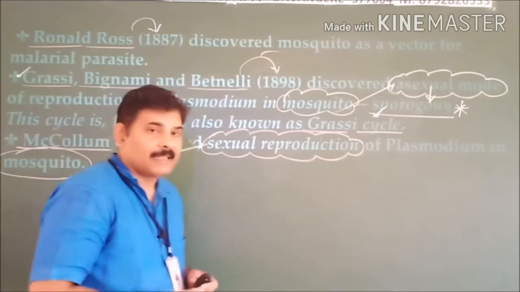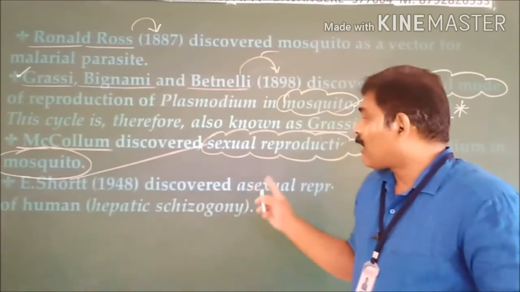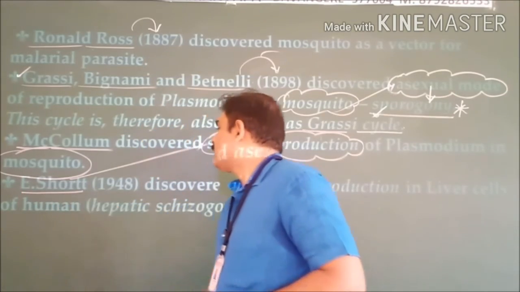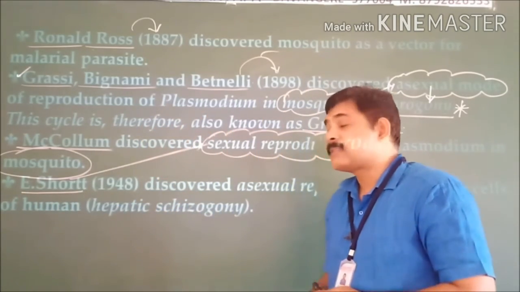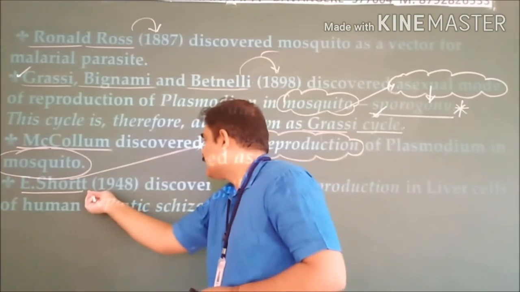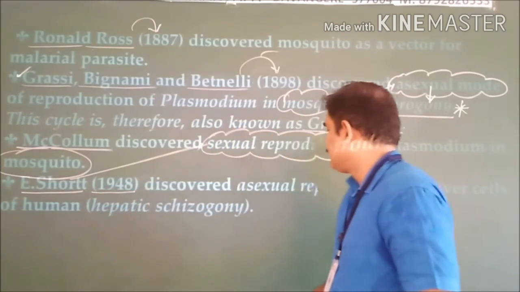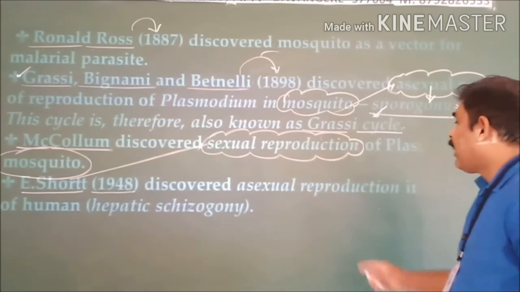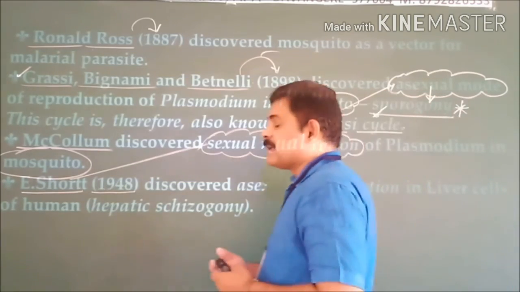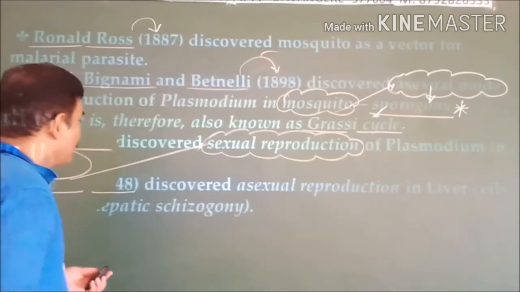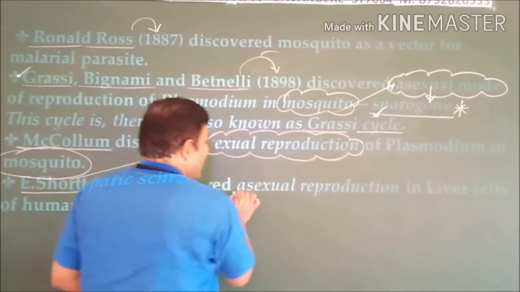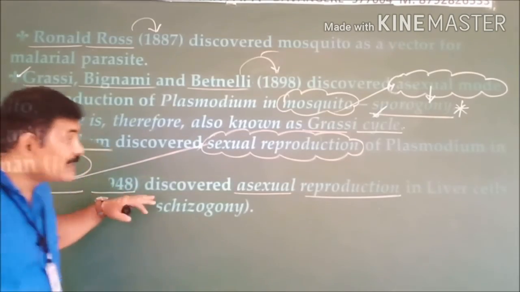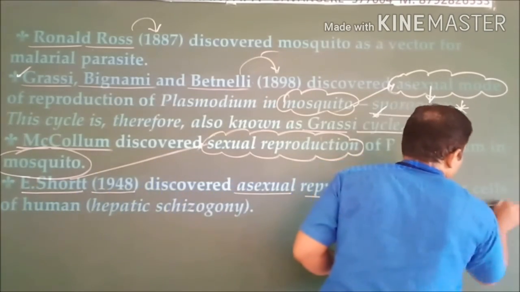And finally, along with him, another person is also there. In the year 1948, they discovered the asexual reproduction of this parasite which takes place in the liver cells.